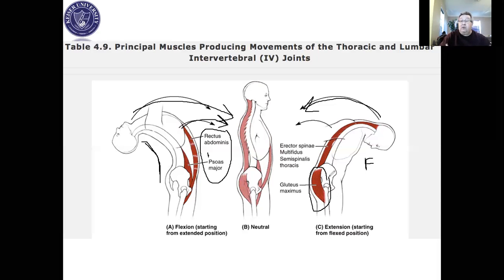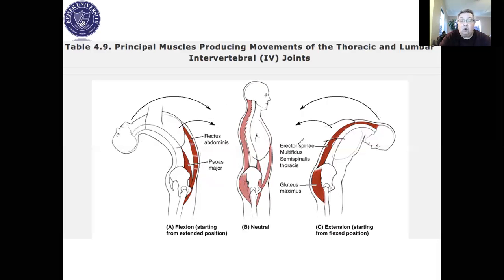In order to extend, we need muscles on the posterior portion of the body, and that's where the erector spinae, the multifidus, and the semispinalis from the erector spinae worked together with the gluteus maximus in order to extend the hip and the lumbar area. So just a pictorial of how flexion and extension work in the thoracic and the lumbar area.